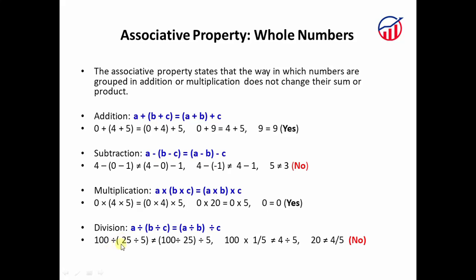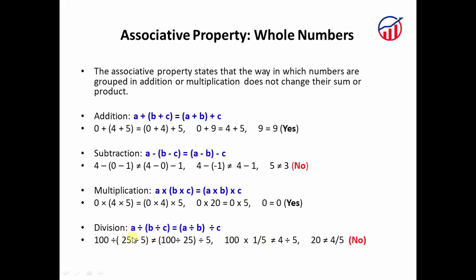So 100 divided by 25 divided by 5 would be looking something like this. It would be 100 into 20 over here, 5 upon 25. So 5 1s are 5, 5 5s are 25, or you could solve it like this also.